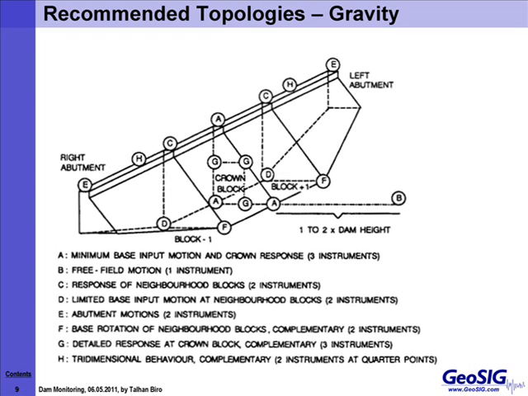You will see here again 1 to 2 times the dam height. Therefore we will be able to add the abutment motions with E.